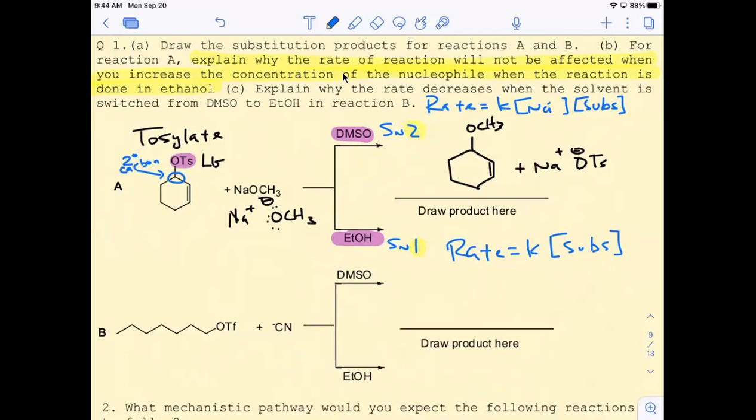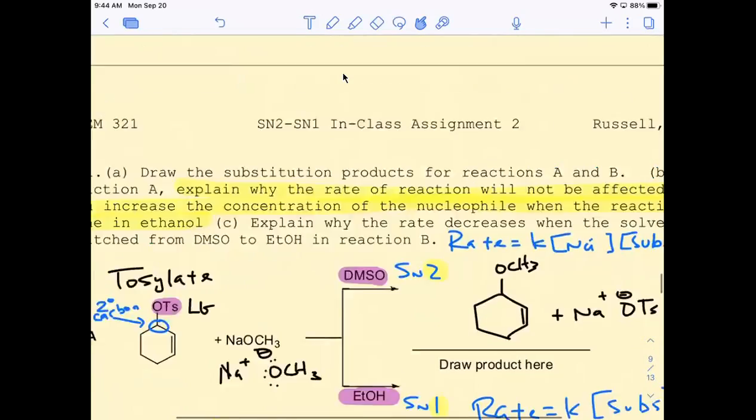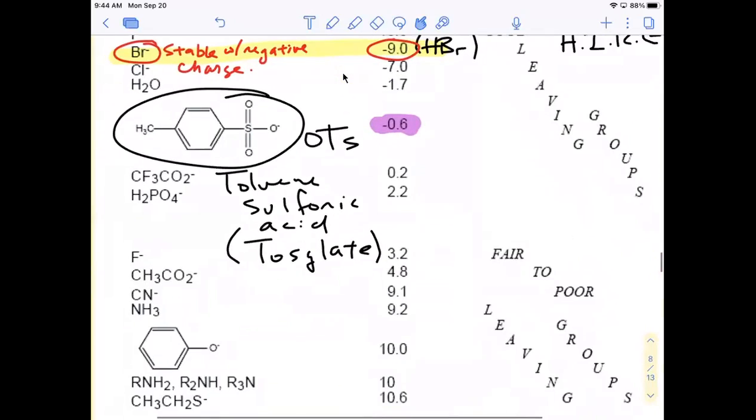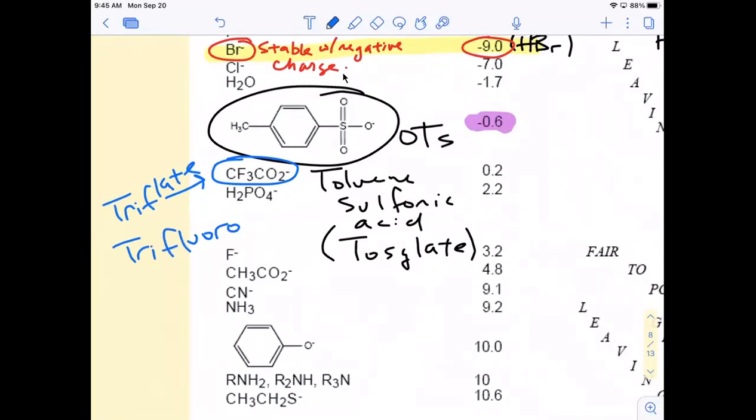So if I do that second reaction, and this is a triflate leaving group. Right, it's a really good leaving group. Let's go back up to the chart. It is right here. Right, it's trifluoroacetate, which is the conjugate base of trifluoroacetic acid.